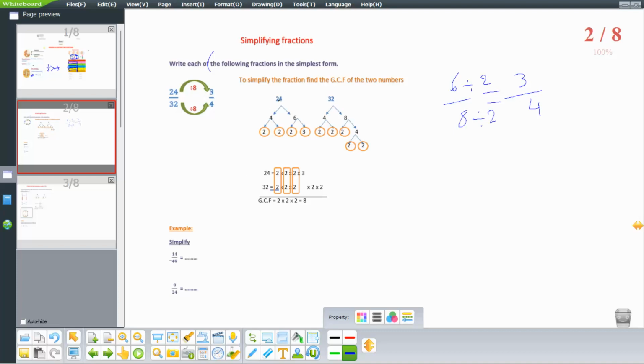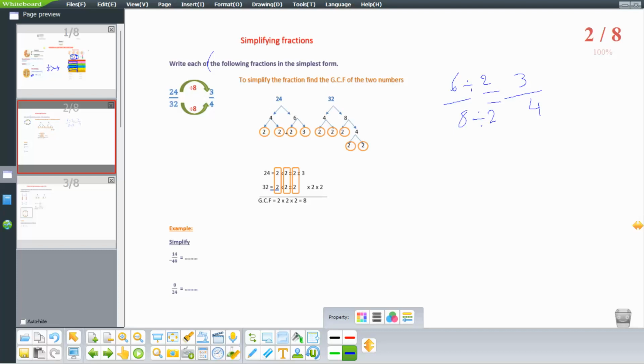If we factorize 24 and 32 into prime factors, as we remember from the first term, 24 will be 4 times 6, and here we don't have any prime number, so we are going to factorize again. 4 will be 2 and 2, so circle both of them. And 6 will be 2 and 3, so circle both of them.